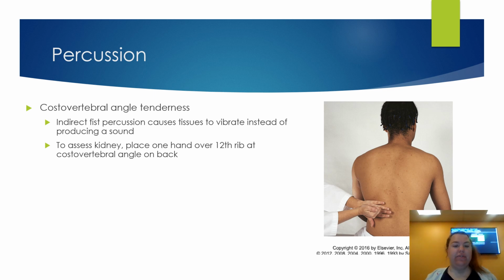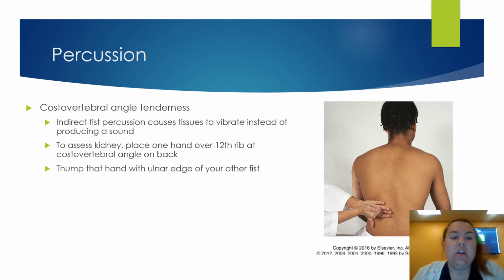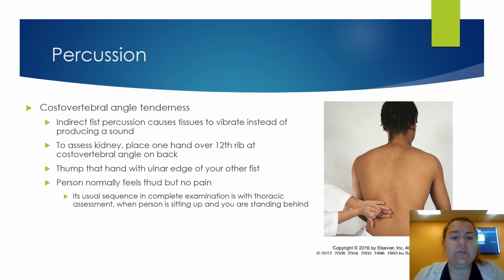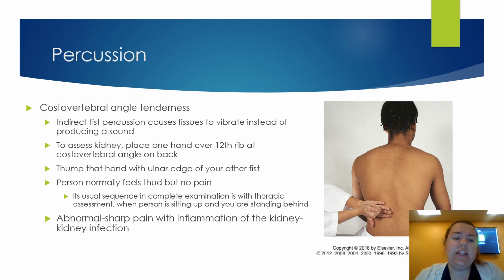Now we have one in the front, you have one in the back. It should be about 90 degrees. So you're just thumping that hand slightly, okay, and then the patient should just feel a little thud but no pain. Now if they do have pain, they jerk, okay. Usually that's going to indicate that there's inflammation of the kidney, so pyelonephritis.